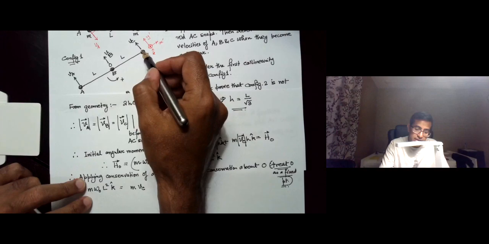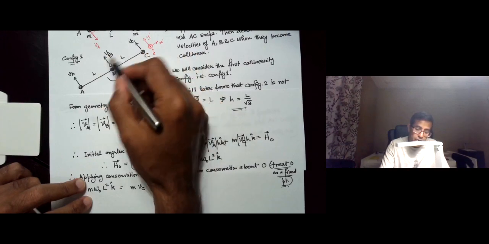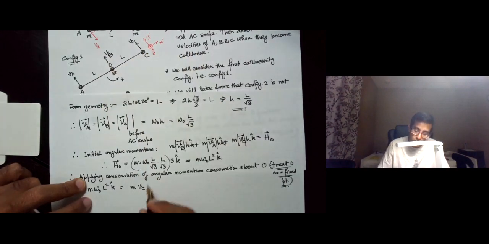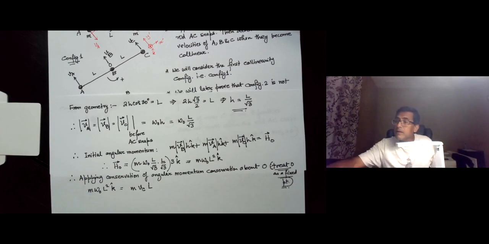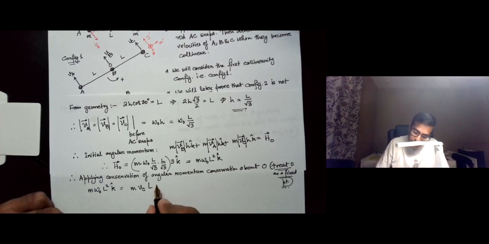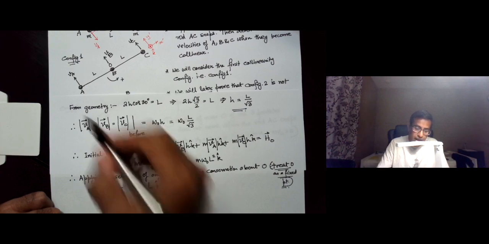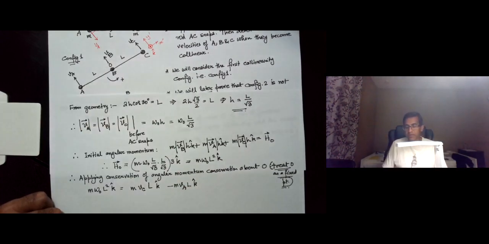So in this case, C is going in the counterclockwise direction about the point O, so the angular momentum is m Vc L, and this is in the k direction. And when we consider A, it is minus m Va L in the k direction, because A is turning in the opposite direction.